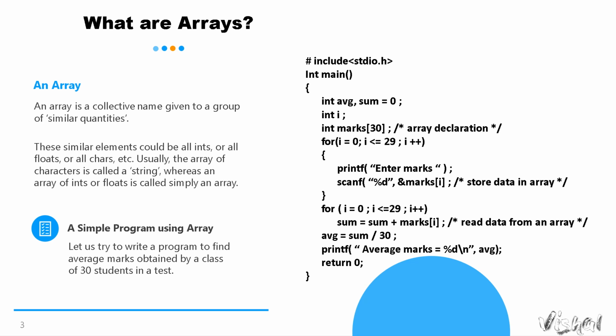If we use an array, then that program becomes very short like that. In this we have just taken another variable, marks[30], entered our data in this marks variable, and also got our algorithm done and got our result with the help of the array. This makes any program very short and easy to understand.